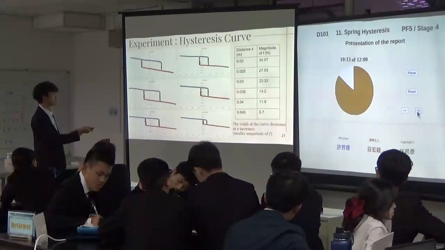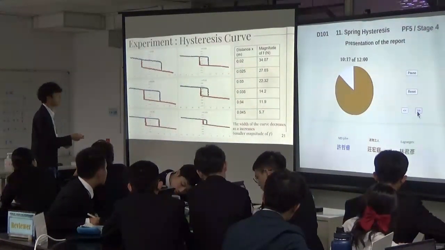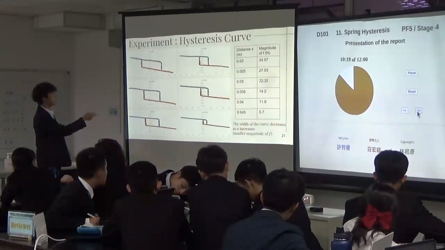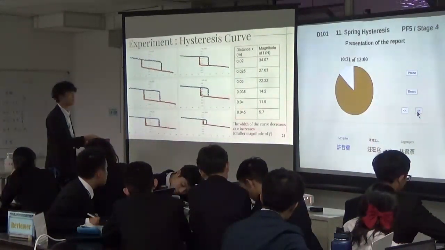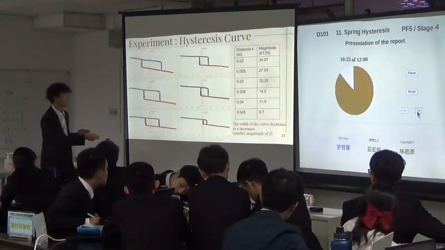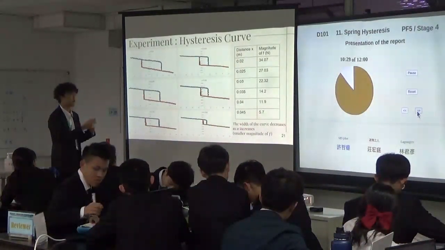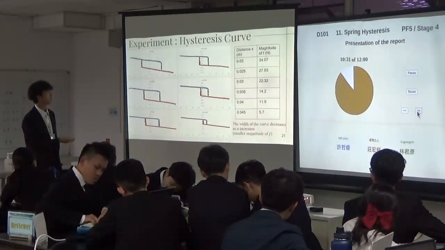So we can see that this also fits what we predicted in our theory, because if X is bigger, then the magnitudes of F1 and F2 are smaller. So it means that the width between these two vertical lines will decrease with a larger X.